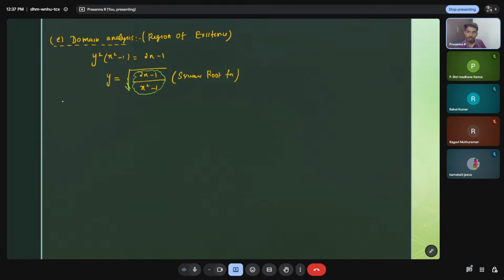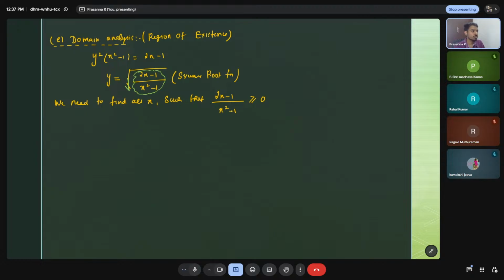So we need to find all x such that 2x minus 1 divided by x square minus 1 is greater than or equal to 0. Then only the root is defined, right? Root of a negative is not defined. We are in real numbers only. You should not bring this term here, because this has a 0.